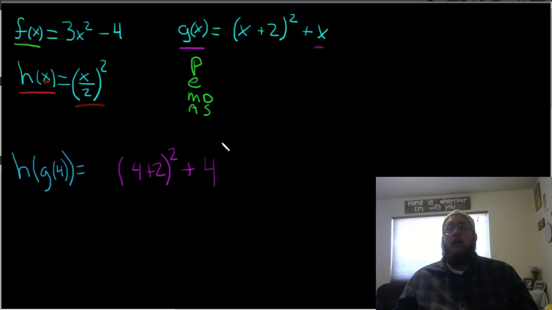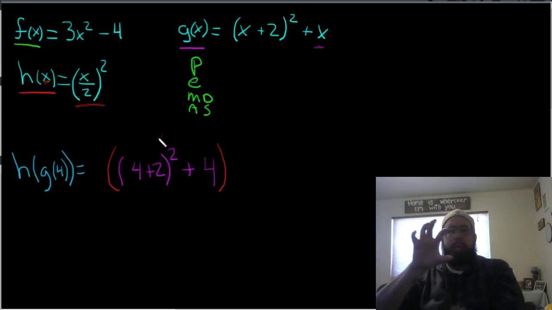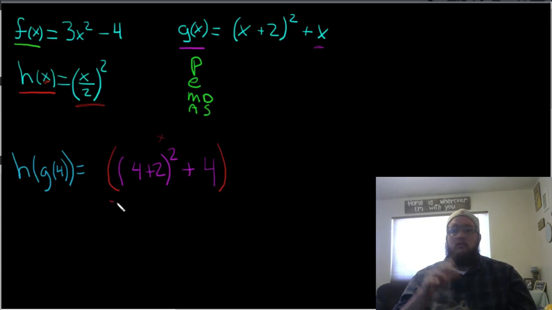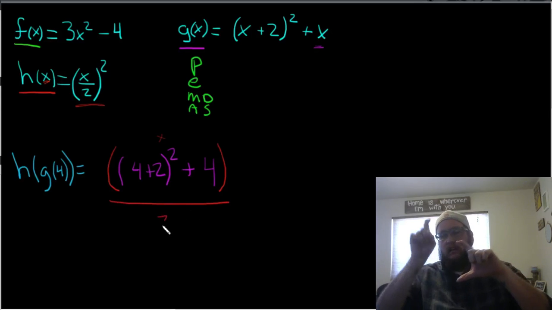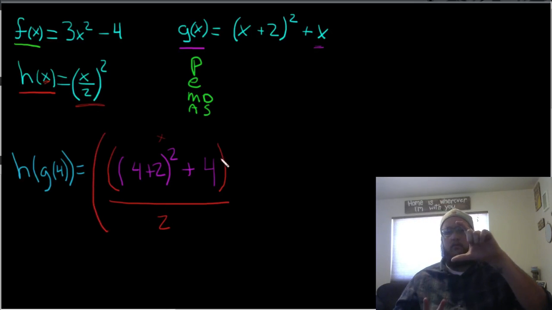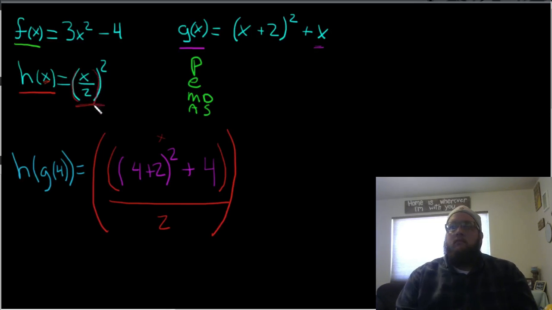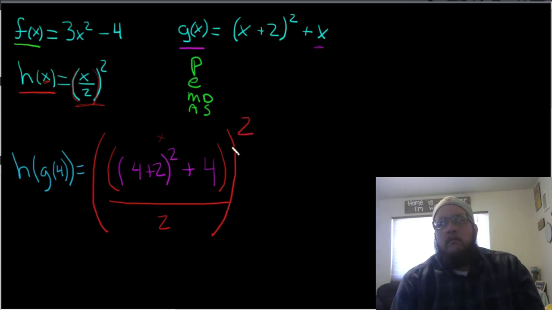So this entire thing is going to become our x value. If we pretend that this whole thing is x, and then we divide it by 2, and then we have to take this whole thing, like we have here, and we have to square it.